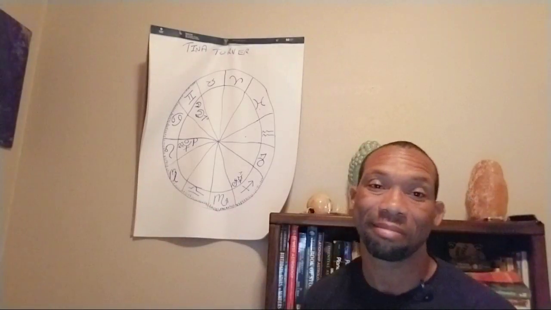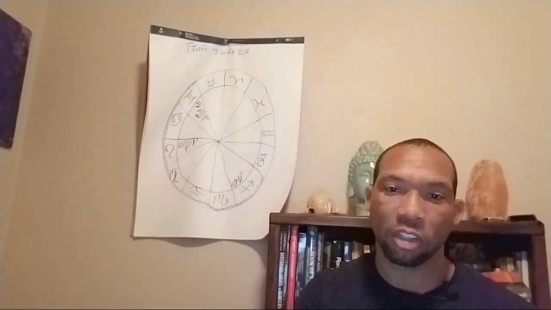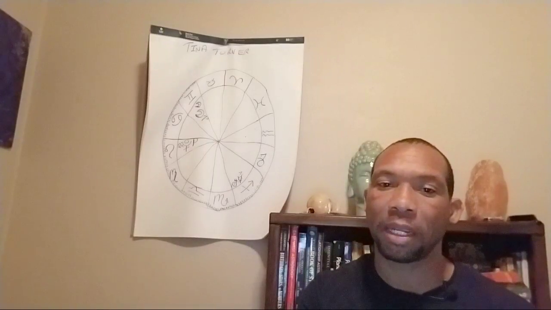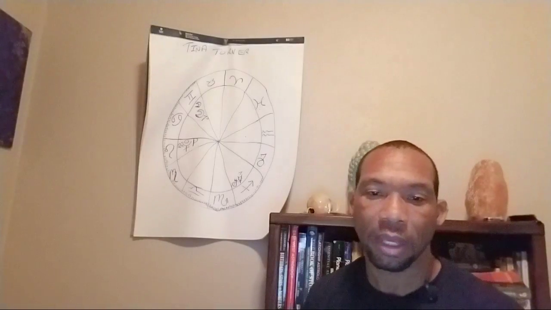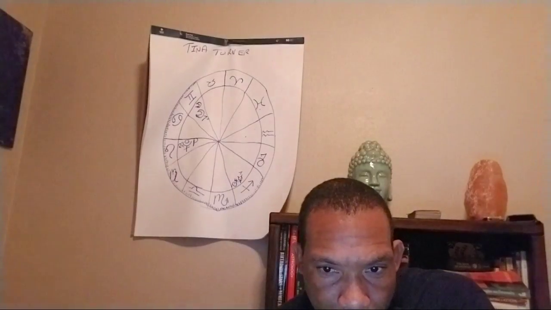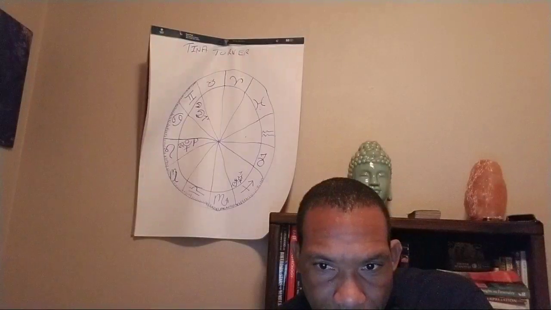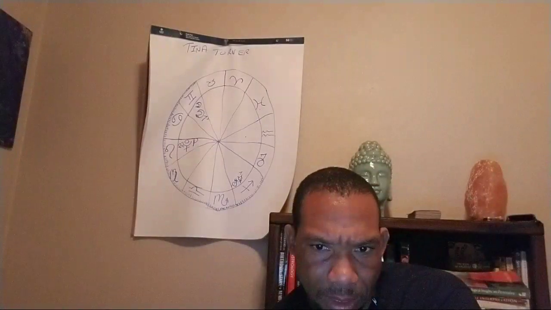I just do it. And she has a trine inside her chart. Where's her trine? So I can explain it to you a little bit better.